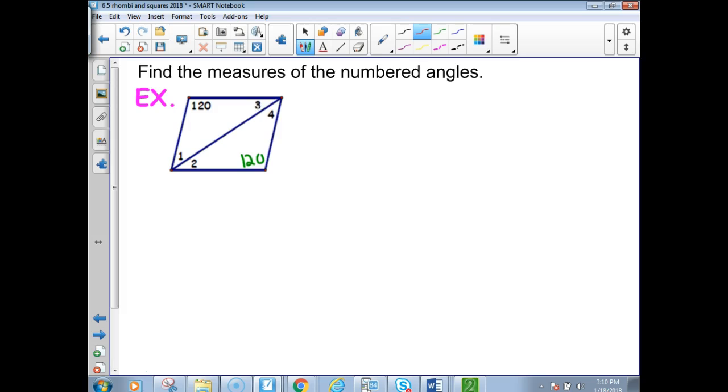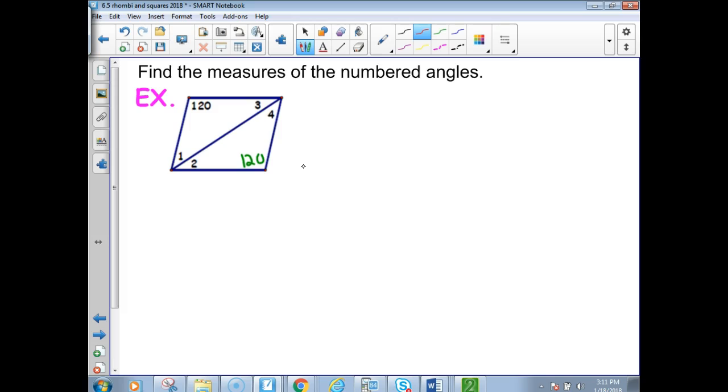All right, so I got to figure out what they're going to be. Now, Bryce and Lisa, you both raised your hands. Priscilla, okay. So you said subtract 120 from 180. Yeah, you said it right.